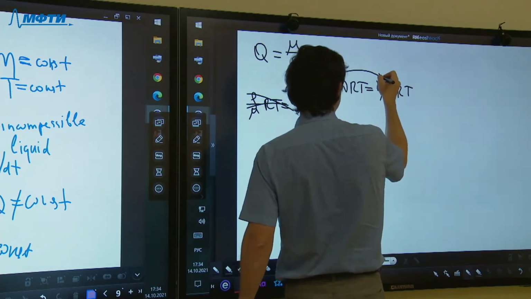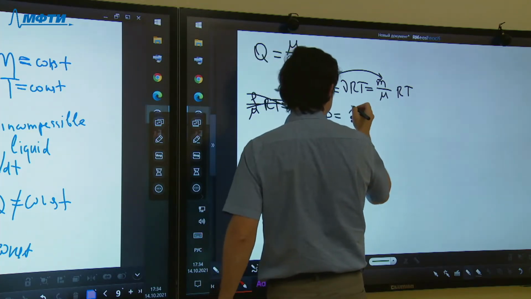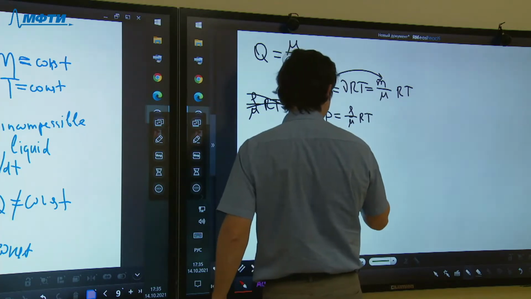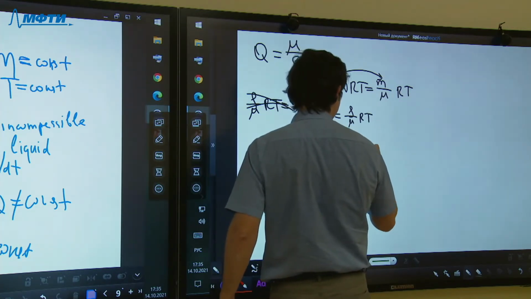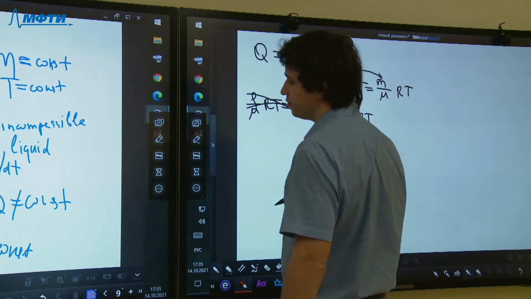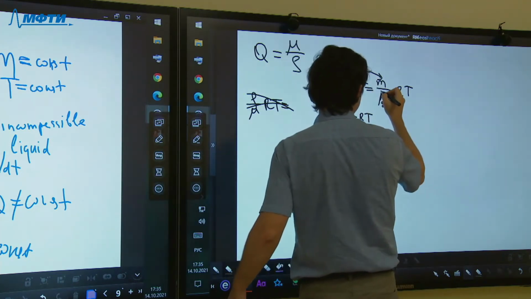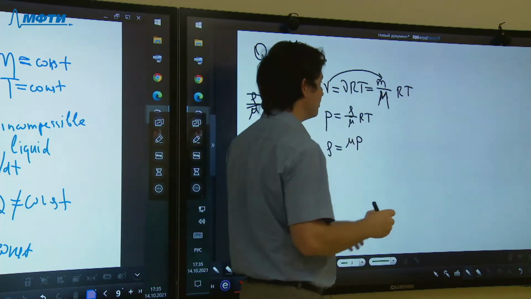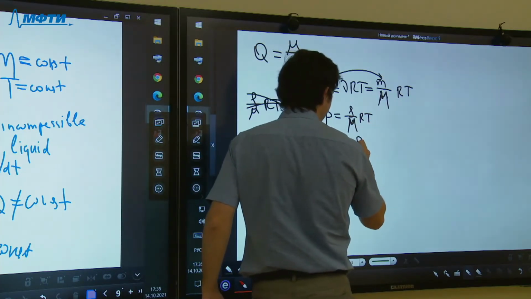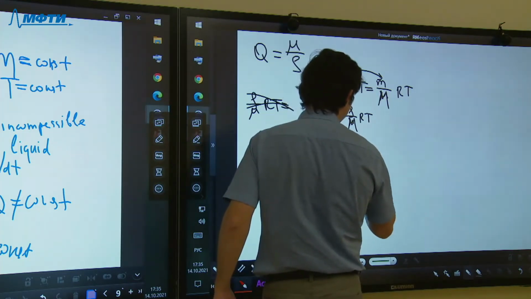If I bring the volume to this side, that gives me that pressure equals density over M times RT, from which I have that density is equal to M times P over RT. Mu is already taken, since mu is the mass per unit of time, so to label molar mass I use capital M.